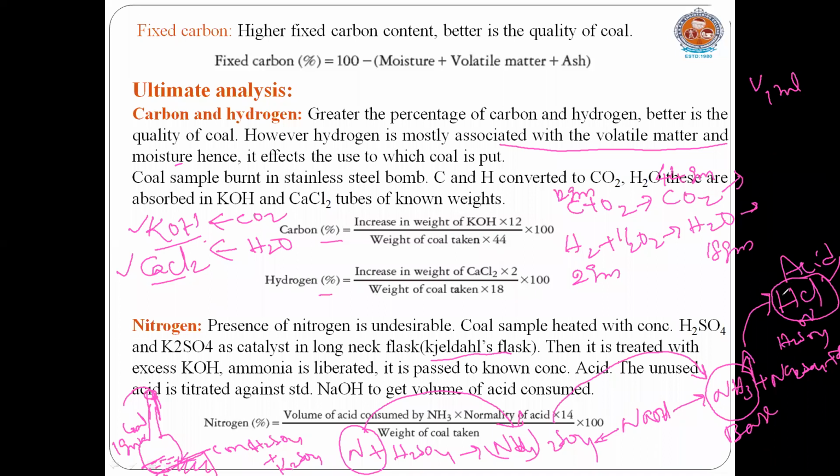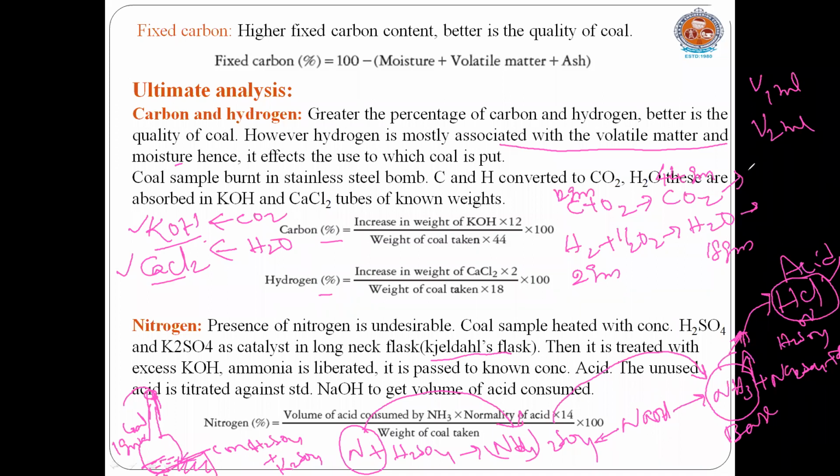After that, with the same amount of acid, using this process, the ammonia is passed into the acid, and some amount of acid is neutralized. That means the concentration of acid decreases. Again we do the titration with sodium hydroxide, but here the same amount of sodium hydroxide is not consumed, because some amount of acid is already consumed to neutralize the ammonia content.